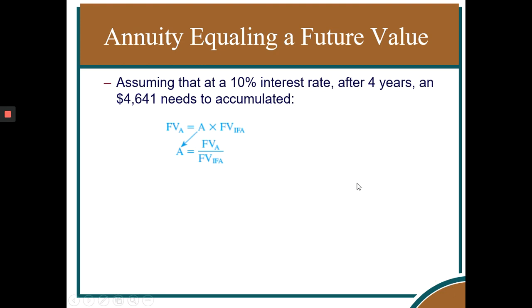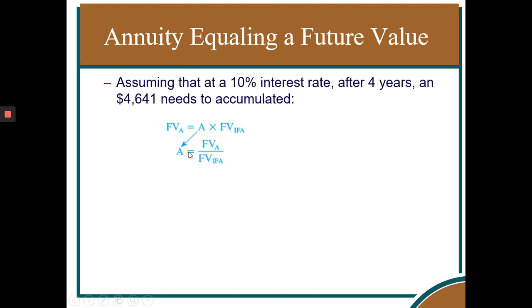As you can see here, your future value annuity is given, along with the future value interest factor. The future value annuity interest factor you can calculate based on two pieces of information, which are the interest rate and the n, which is 4. For this interest factor you can use a calculator, use the formula, or use the table to find it.